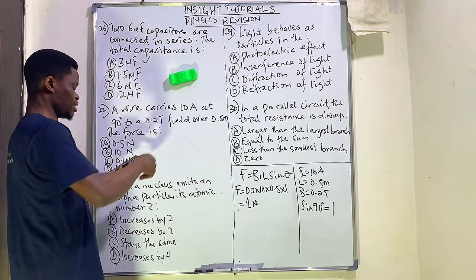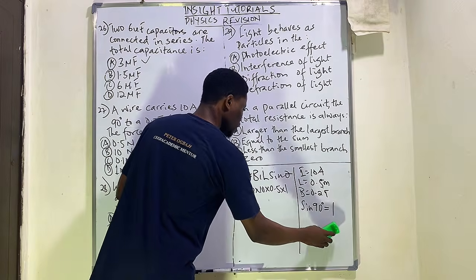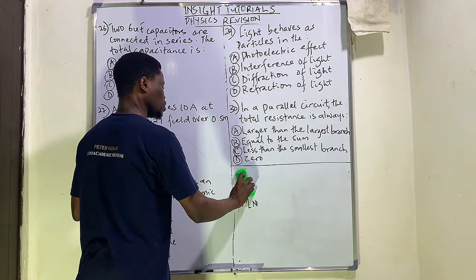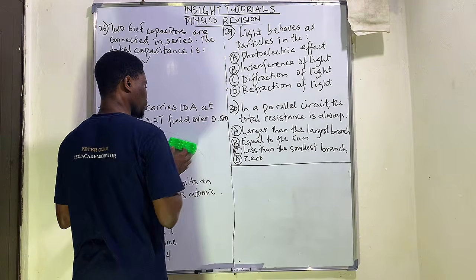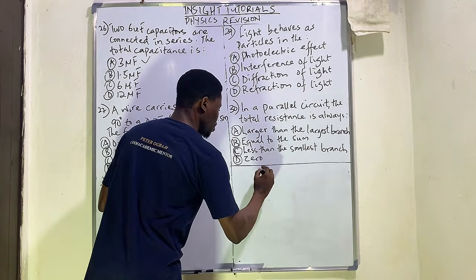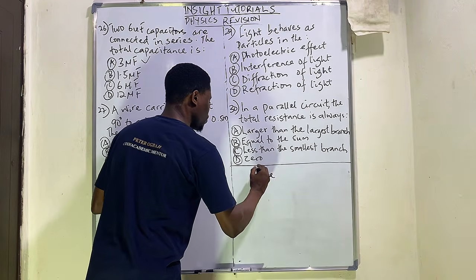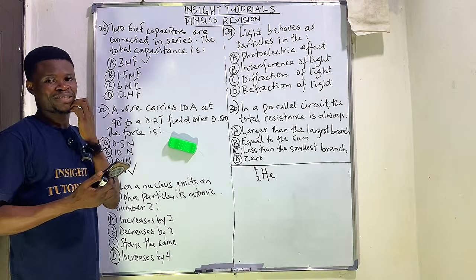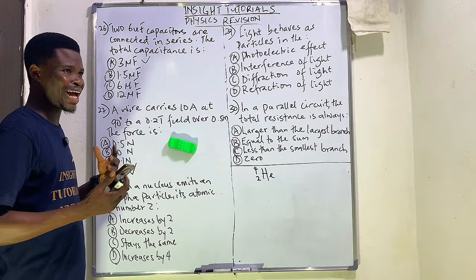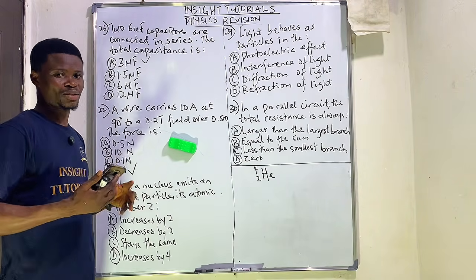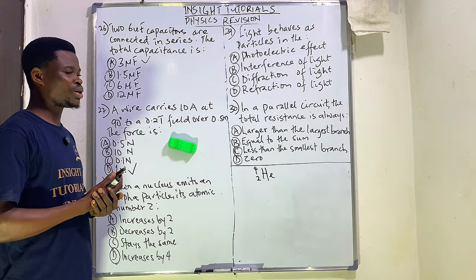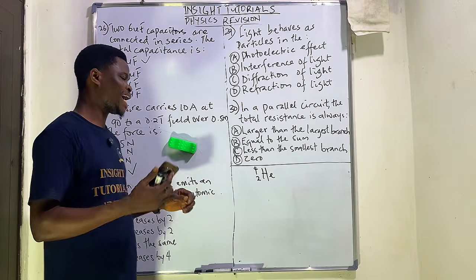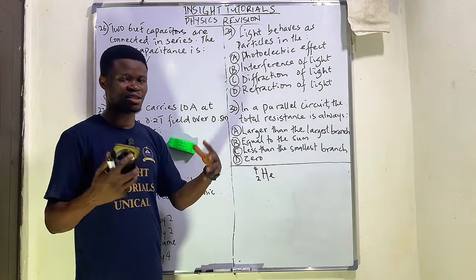Now, what we need to understand is that an alpha particle, you all know, is represented with a helium atom, 4 here and 2 here. That means any particle that undergoes alpha particle emission is going to decrease by 4 in its mass number and decrease by 2 in its atomic number.